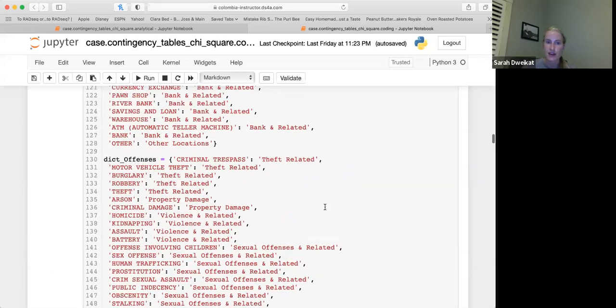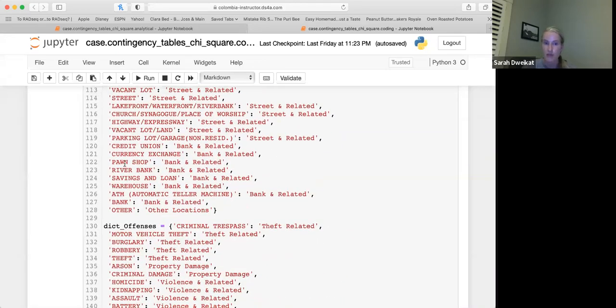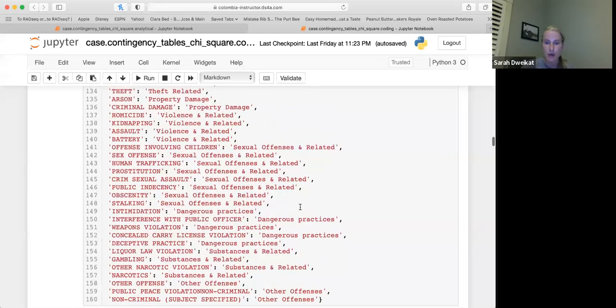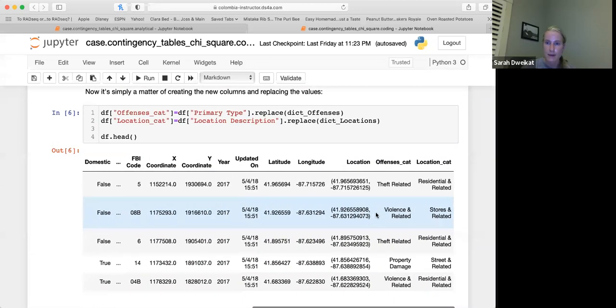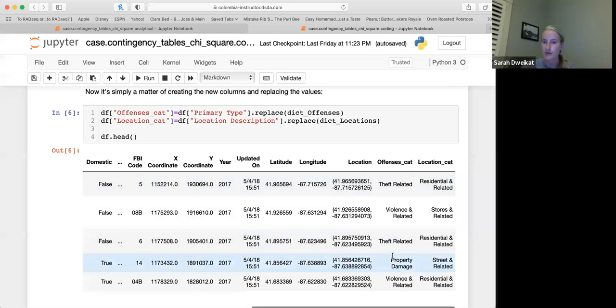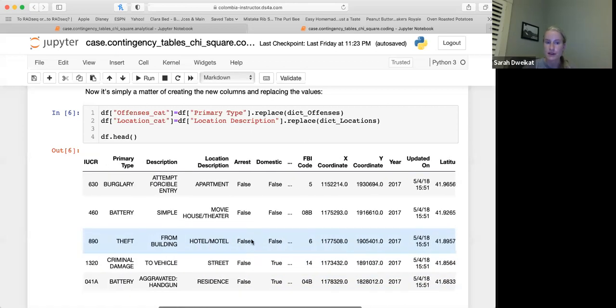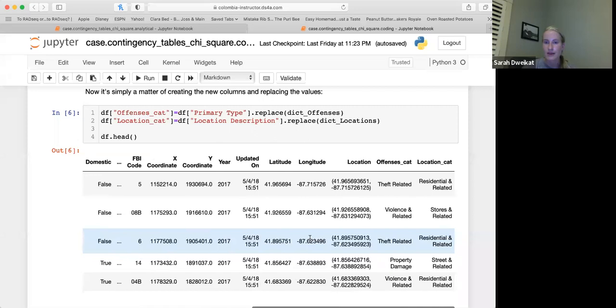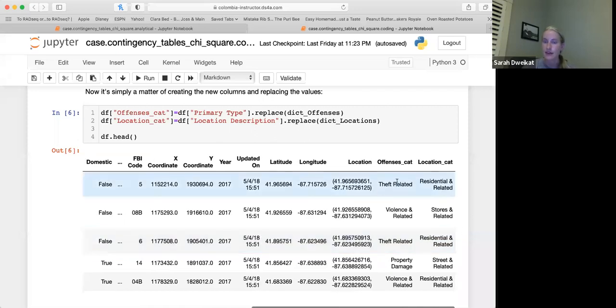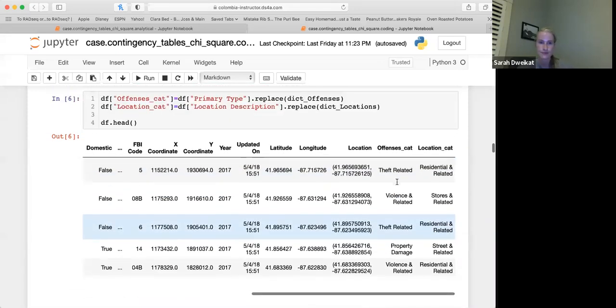So for location, if it sees pawn shop in that column, it's going to put in the new column instead bank and related. So now when we look at our data set, the output here, we can see we have these new columns that have our wider categories that we can work with from now on. We still have our original primary type, but now we can see that it's classified slightly differently.